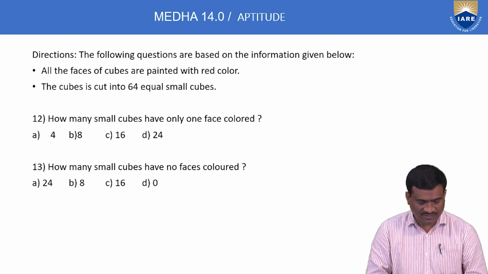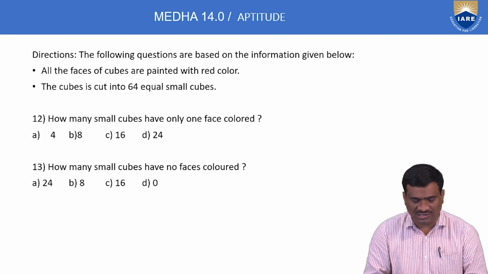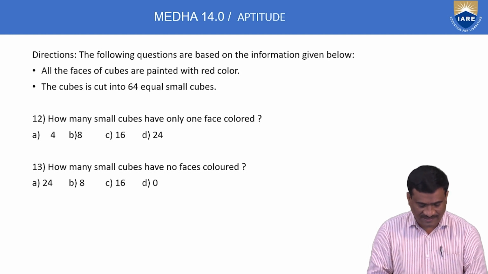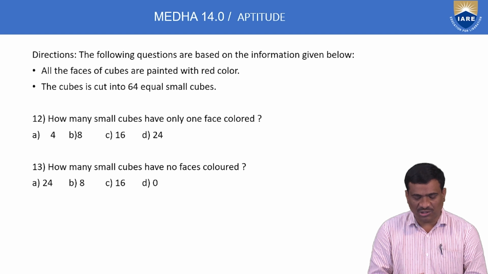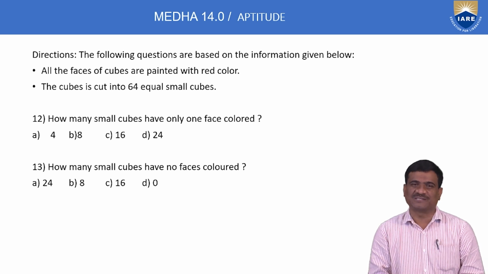Next, 12th and 13th: dice concept, cube and cuboid concept. All the faces of a cube are painted with red color. This cube is cut into 64 equal small cubes.